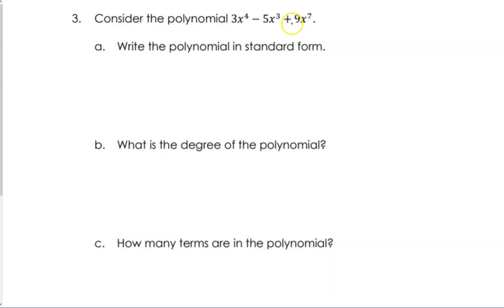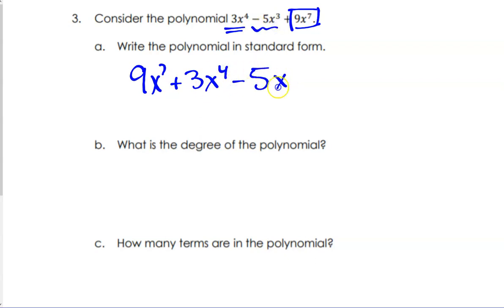So the piece with the highest degree is going to be 9x to the 7th. Next, we'll have positive 3x to the 4th, and then we'll finish it with negative 5x cubed. So notice their signs come with them when we move them around.